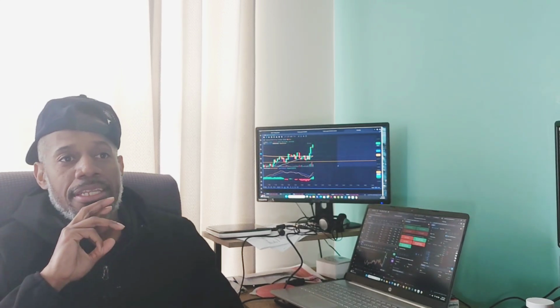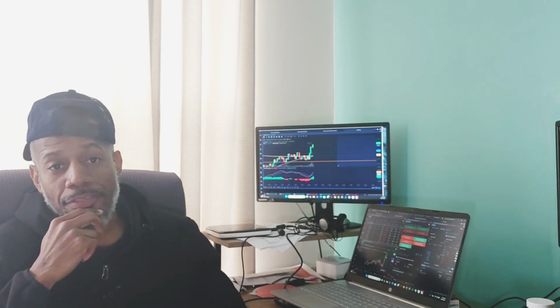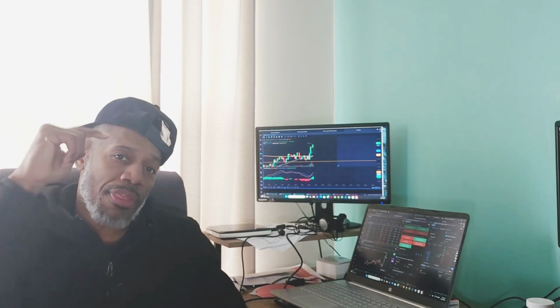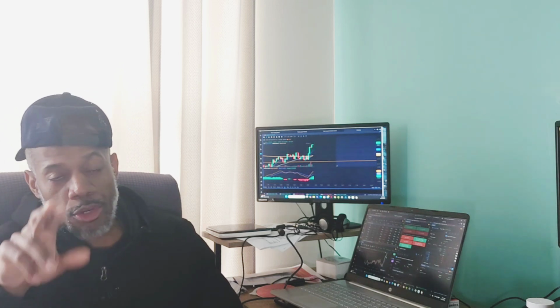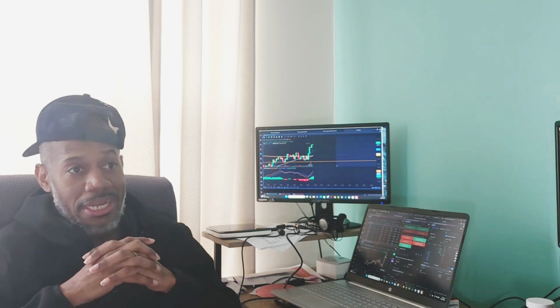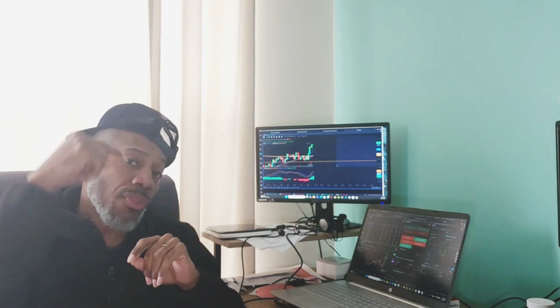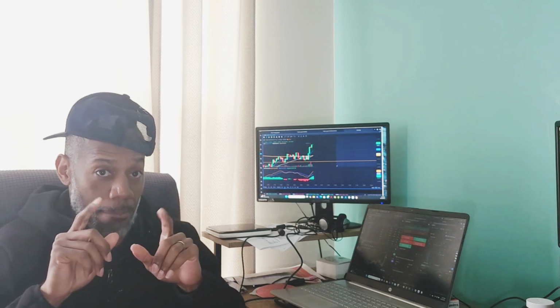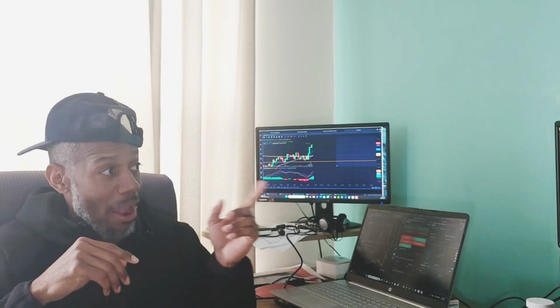The further you are out of the money, the slower the contract moves in either direction. So this is how I've chosen it when the account was very small. When the market opens up, I look for out of the money contracts, but I look for the ones that are moving as the price action is moving.